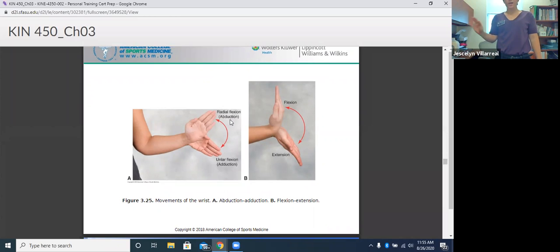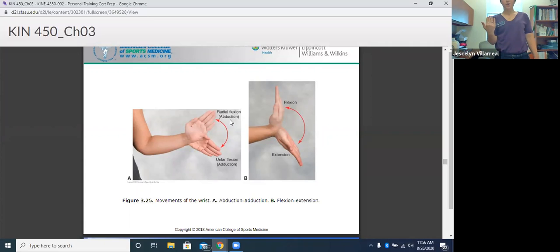Now let's put your palm into pronation. From here, the wrist can go into flexion, which means palm is facing the front, or extension. Sorry, I am backwards. So palm is in supination.